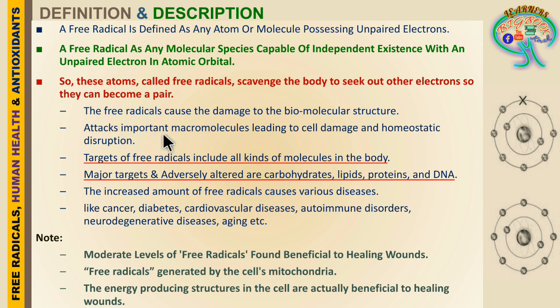They attack the important macromolecules, leading to cell damage and homeostatic disruption. Homeostasis is nothing but the physiological balance, the natural process within the tissues and organs of the whole body of an organism, which is always maintained at a particular threshold or concentration gradient.